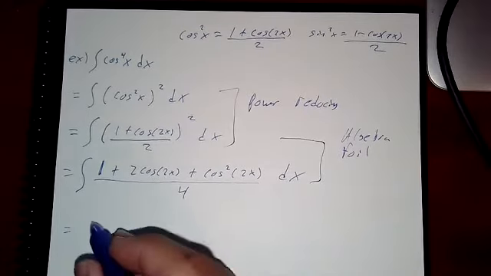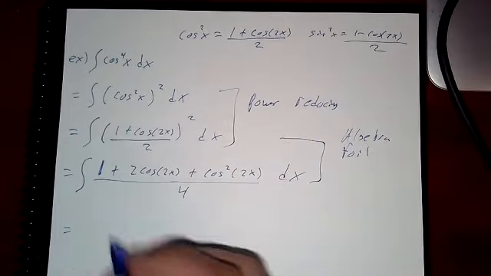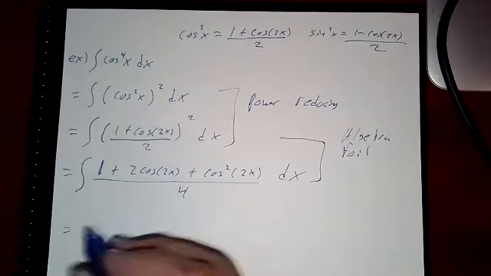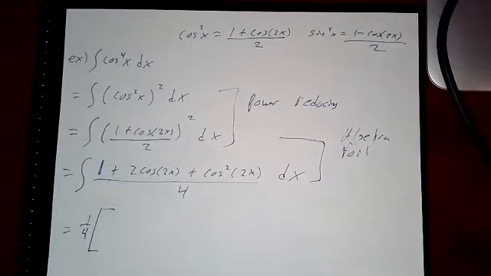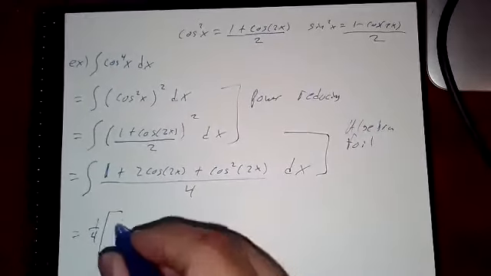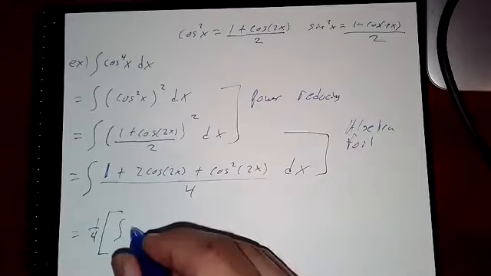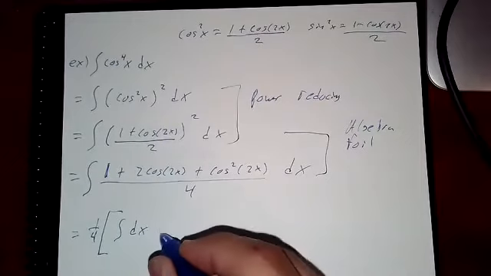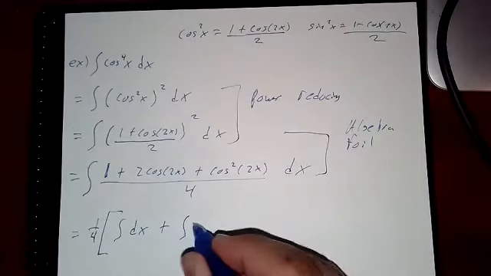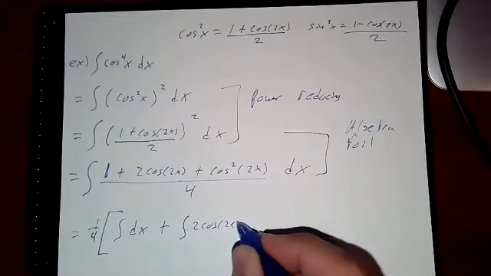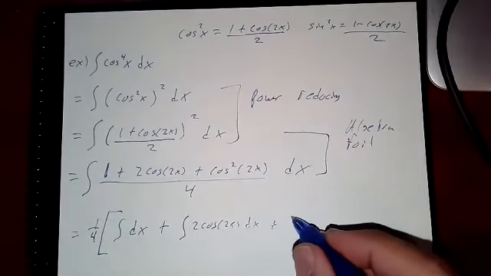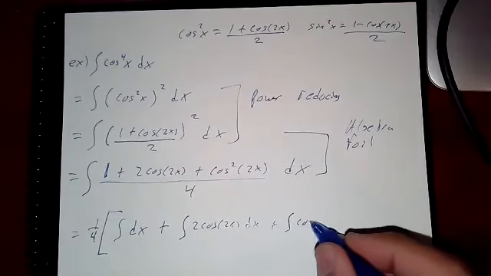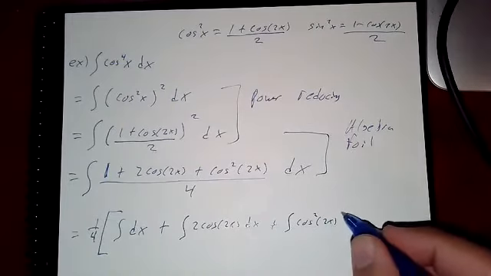So technically what we can do, we'll pull out the fourth outside of everything just because if I don't have to deal with a fraction, I'm not going to do it. So this is the 1. This is the 2 cosine 2x. And this is the cosine squared 2x dx.